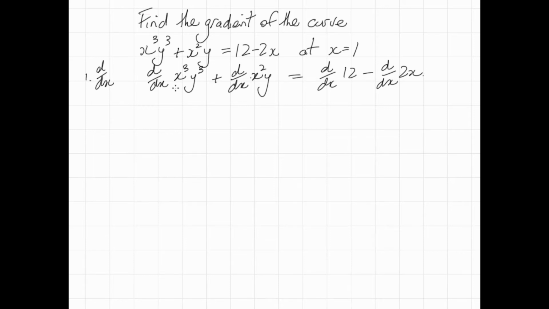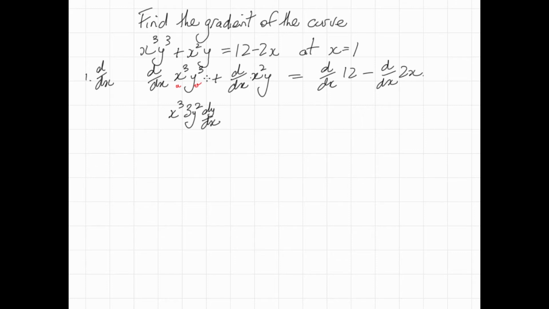If we look at the first one, this is my u and this is my v, and we're going to use the product rule to find the derivative with respect to x. So it'll be u v dash plus u dash v. So u is equal to x cubed. For v dash, we've got the chain rule going on, so we find the derivative of y cubed, which is 3y squared, and then do dy/dx.